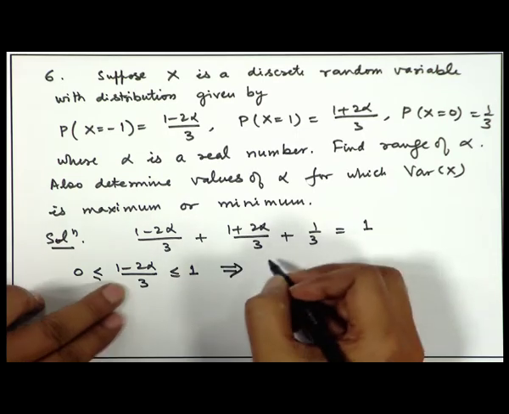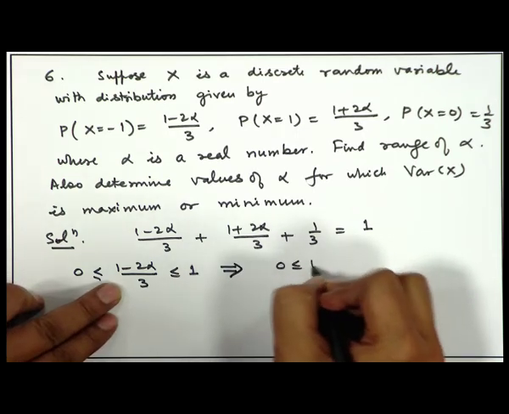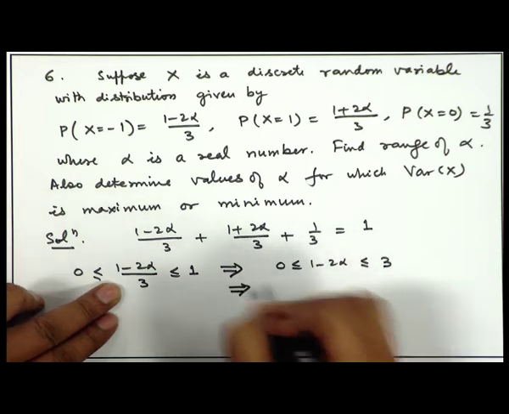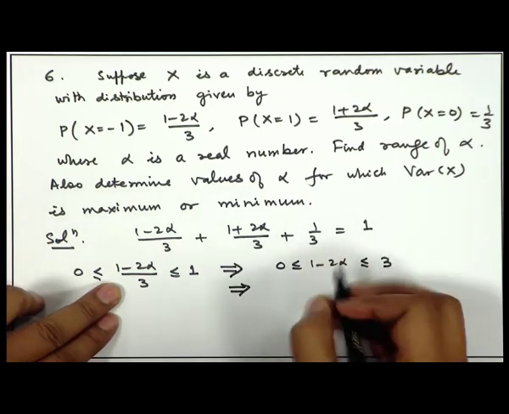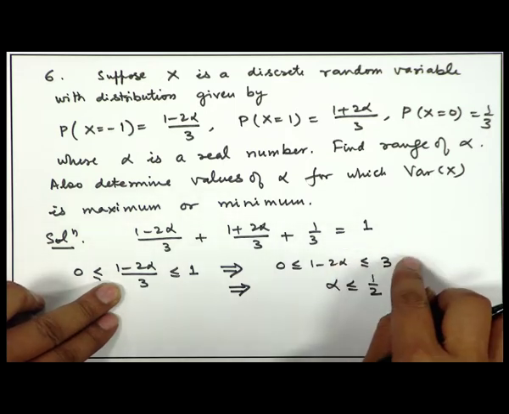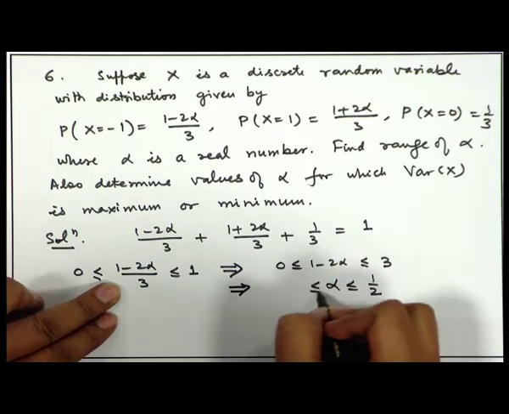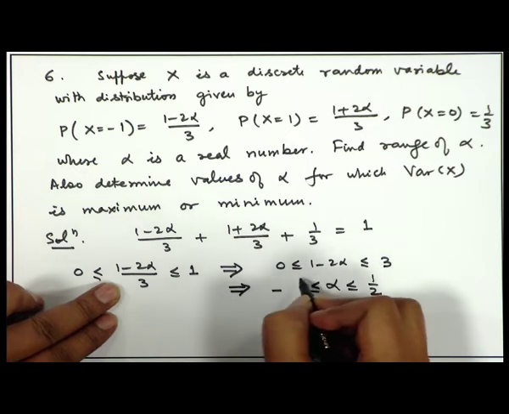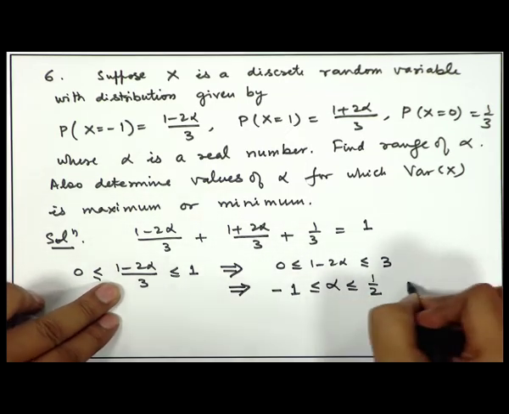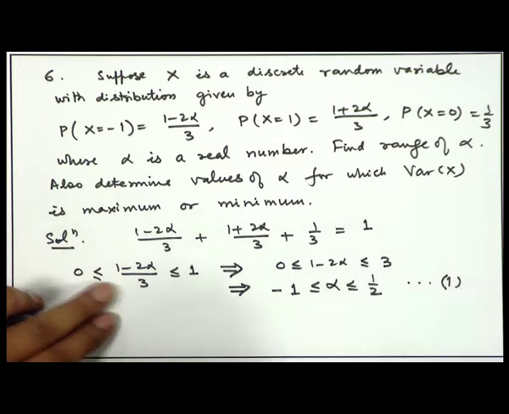You get 0 less than or equal to 1 minus 2 alpha less than or equal to 3, which is equivalent to saying alpha becomes less than or equal to half, and on the other side, you get alpha greater than or equal to minus 1. Let me call it condition number 1.